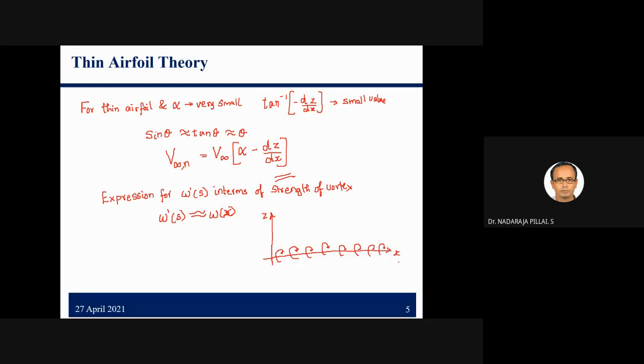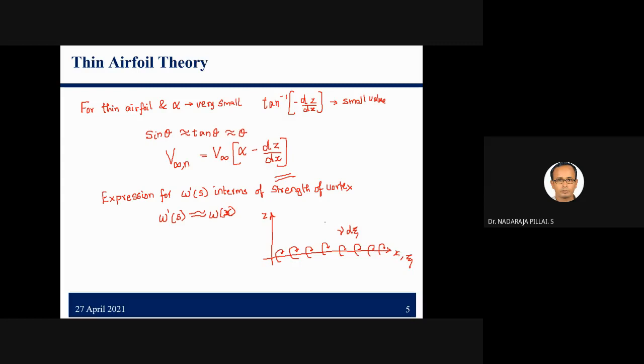The elemental vortex of strength gamma into d zeta, where zeta is also in the x direction.